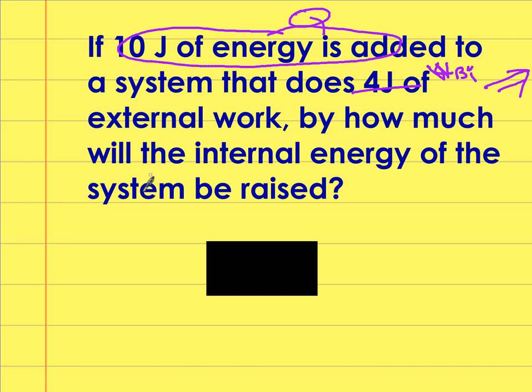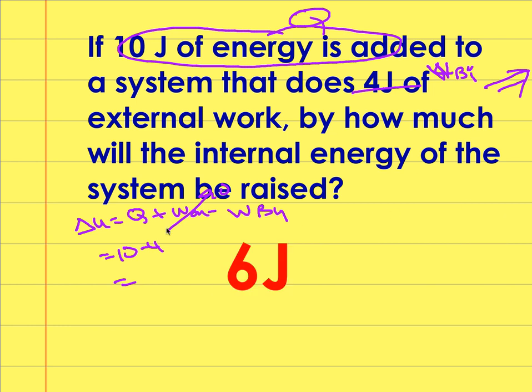By how much will the internal energy be raised? Well, delta U is Q plus work done on minus work done by. There's no work done on it, so it's just work by. So it's 10 minus 4, or 6 joules. The internal energy of the system changes by 6 joules.